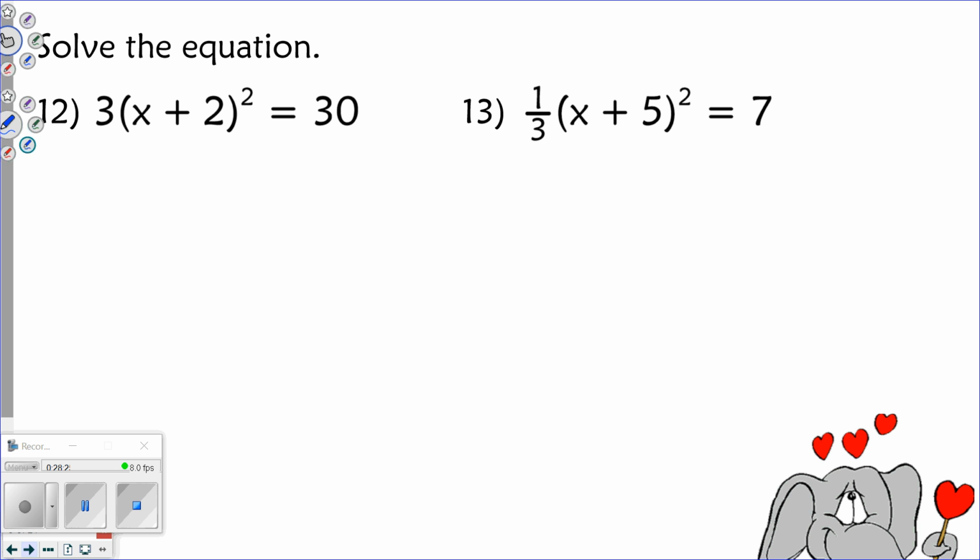All right, so number 12, what do we do first? Divide by 3. So again, we're trying to isolate that squared part. x plus 2 squared equals 10.